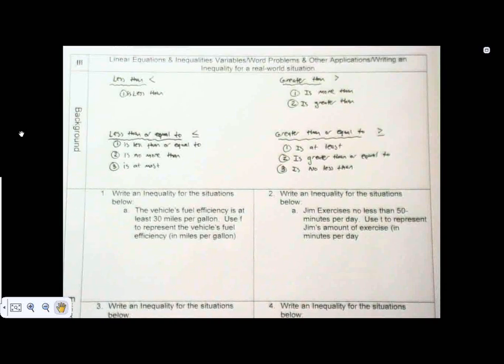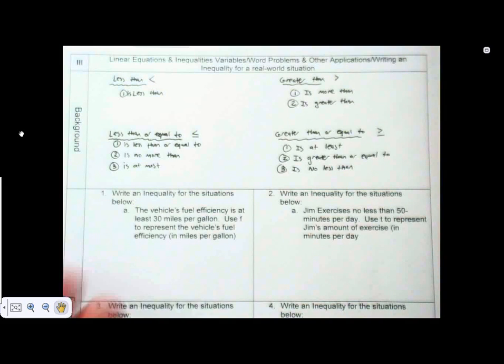Alright, let's take a look at how one might do number one. So number one says write an inequality for the situations below. The vehicle's fuel efficiency is at least 30 miles per gallon. And then it says use F to represent the vehicle's fuel efficiency.